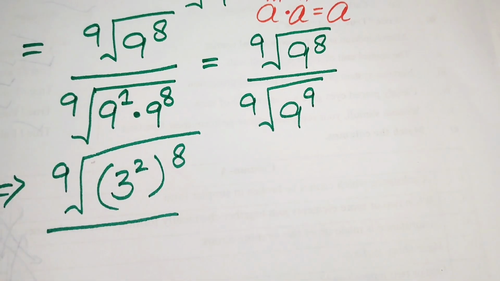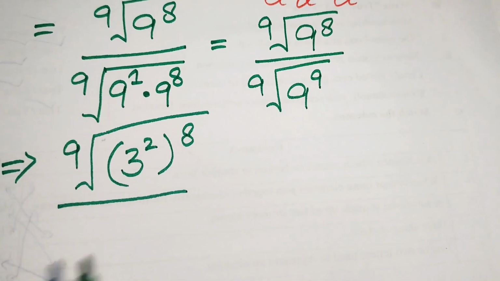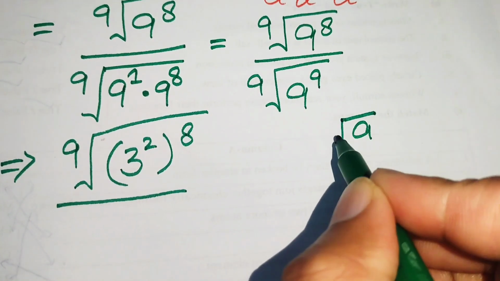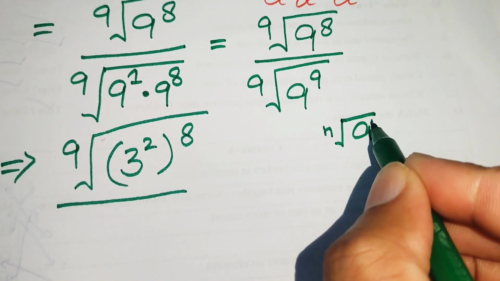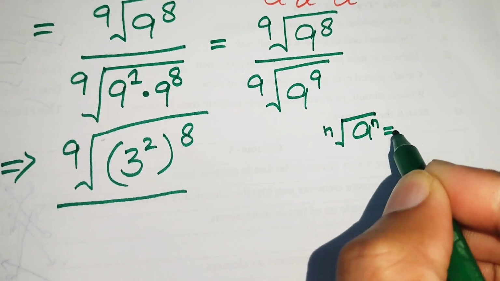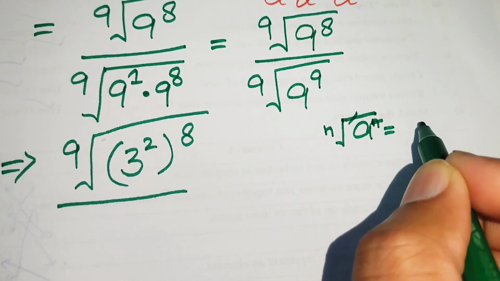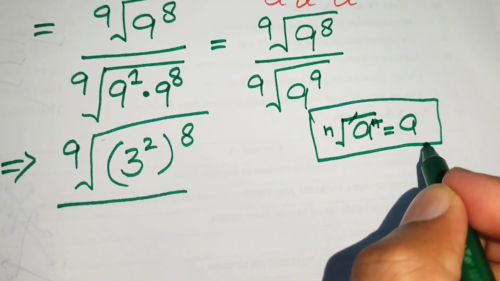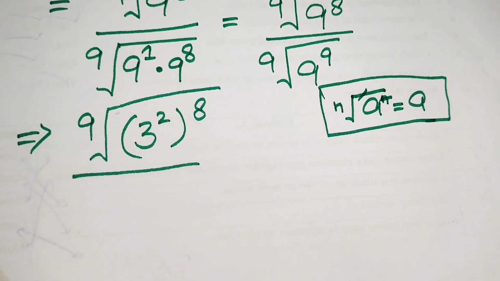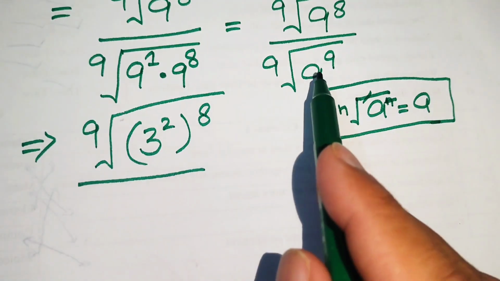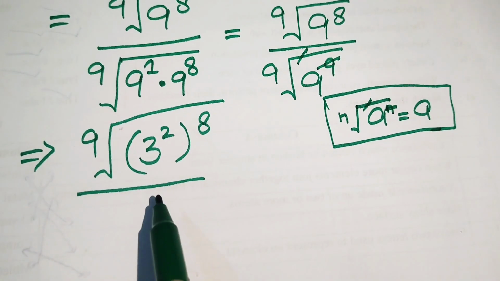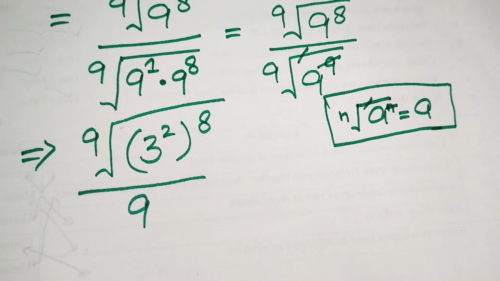And in the denominator term here we know that if you have a to the power of n and its nth root, this n and nth root are cancelled by each other and we get a. So we use this nice property of exponential in this term. This 9 and this ninth root are cancelled by each other, and here we obtain only 9.